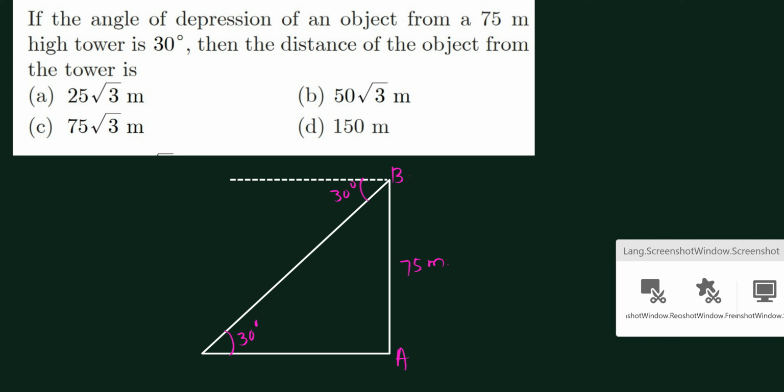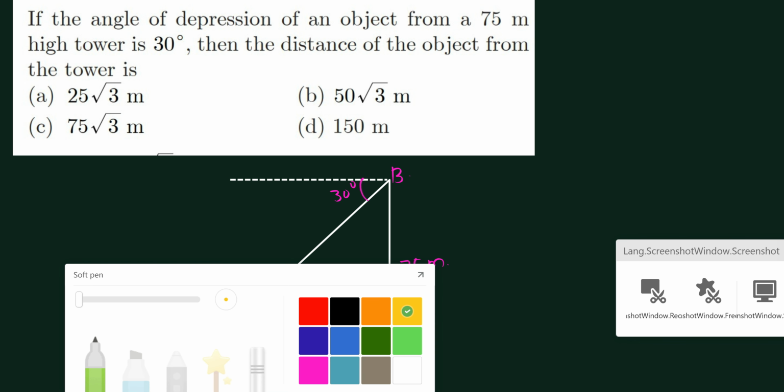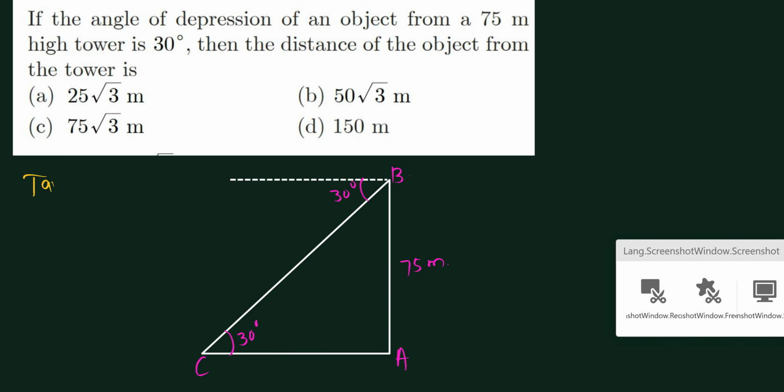Now we need to find the distance of the object from the tower. Here we have the object at the point C. So we need to find the distance between A and C. So you apply tan 30. Tan 30 equal to the opposite side, which is 75. Adjacent is AC.